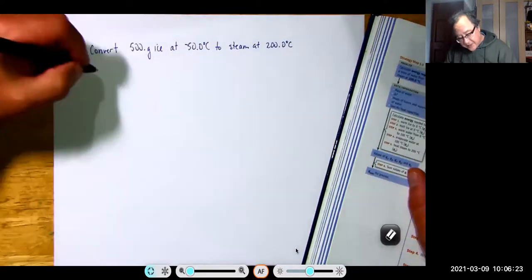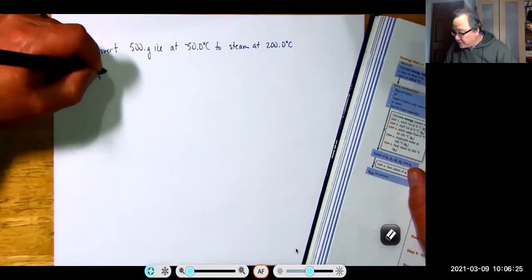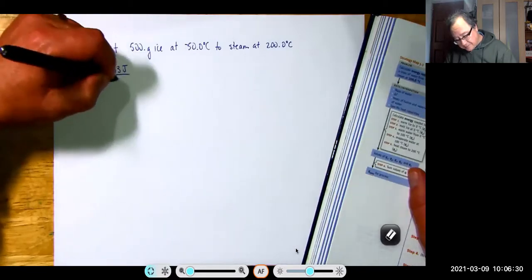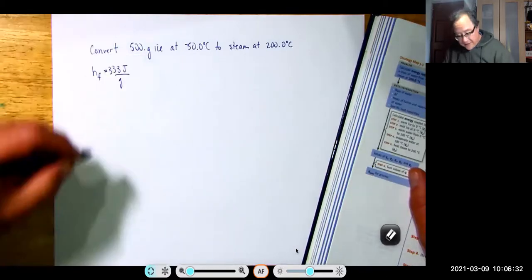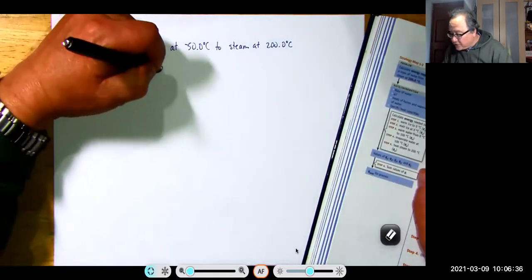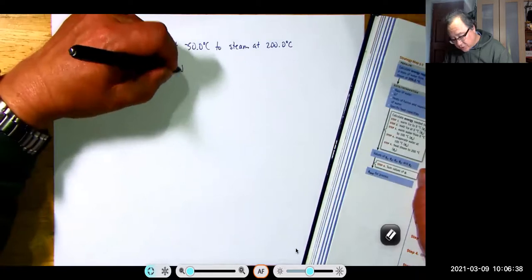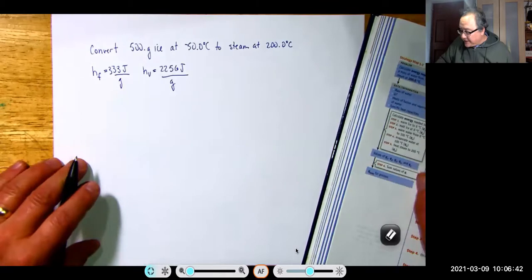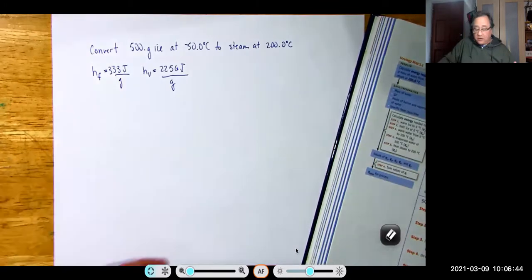And they give us that the heat of fusion is equal to 333 joules per gram, and the heat of vaporization is equal to 2256 joules per gram. And the specific heat capacities of ice, water are given in the index, Appendix D.